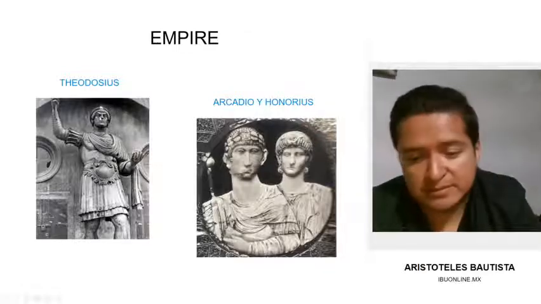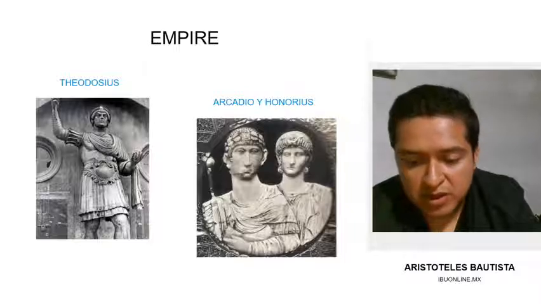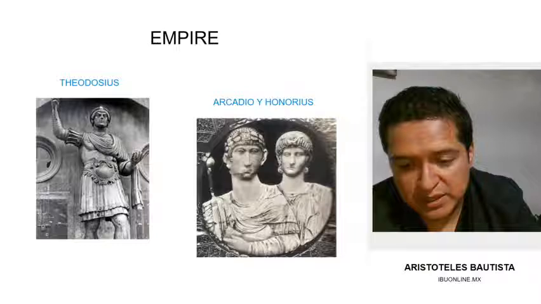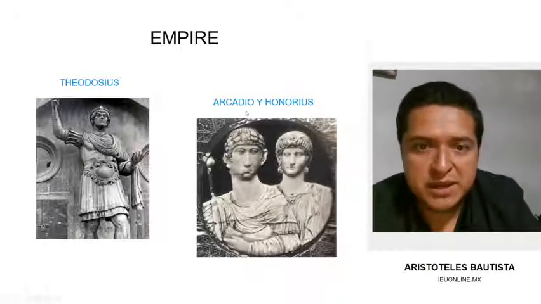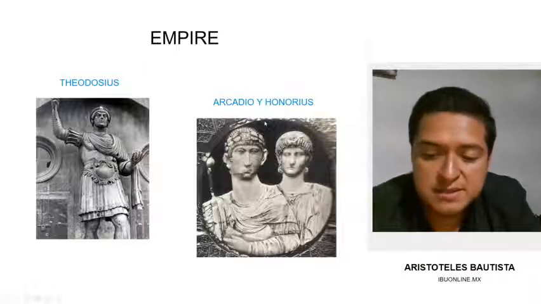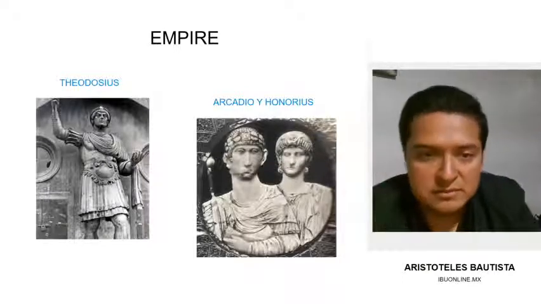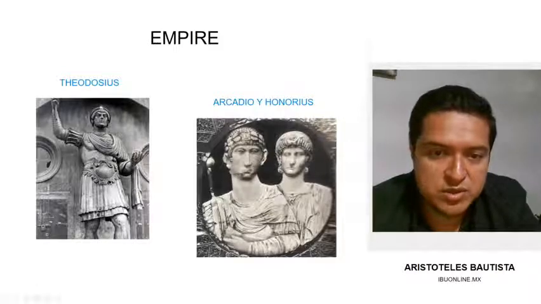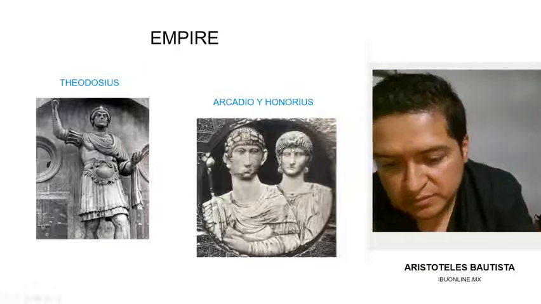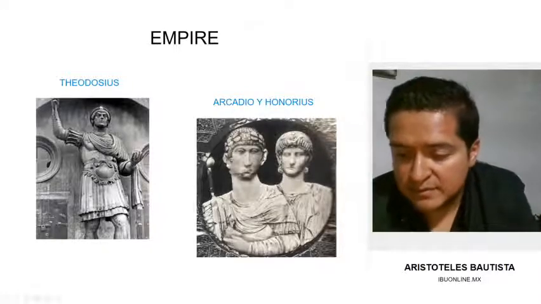This guy, after he died in 395, the empire was divided between his two sons, Arcadius and Honorius. In 476, the Western Empire, where Honorius was in charge, disappeared. On this date, the Middle Age began.